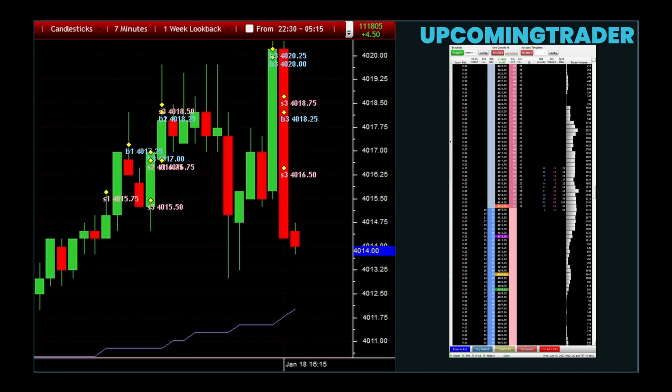A morning star appears after a downtrend and is formed by three candles: a bearish candle, a small-bodied candle, which could be a doji, and a bullish candle. If the bullish candle shows strong volume, it confirms that buyers are stepping in, signaling a potential reversal. The evening star is the opposite and occurs after an uptrend.